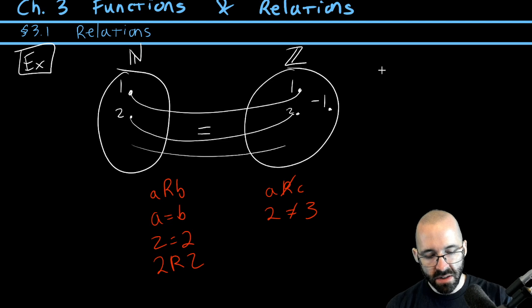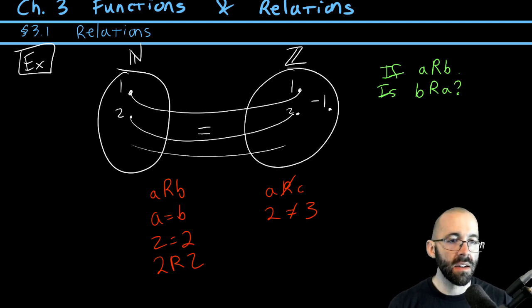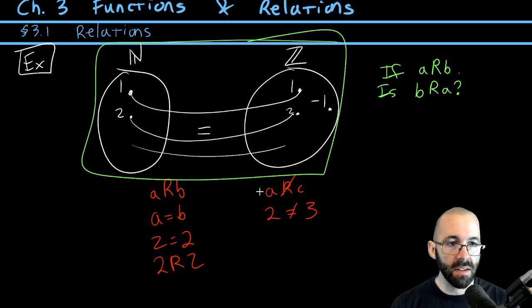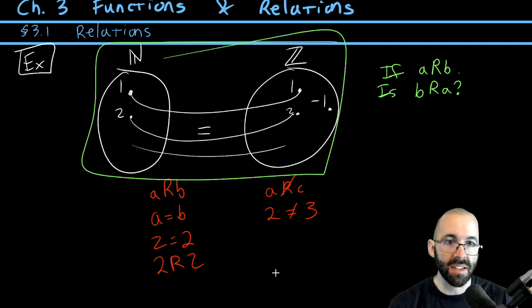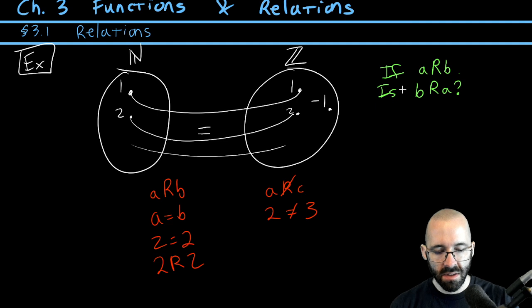And now I have a question for you. If A is related to B, is B related to A? And certainly, in terms of equality, the answer is yes. If A equals B, B equals A. That's a symmetric property. But it's not true for all relations, right?